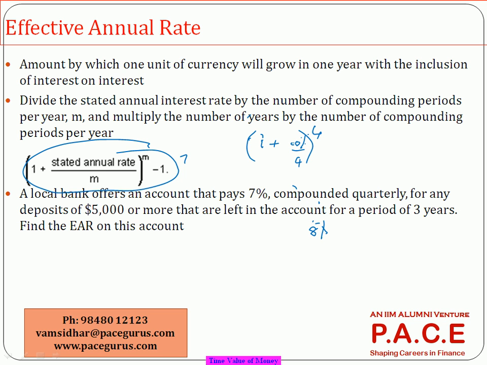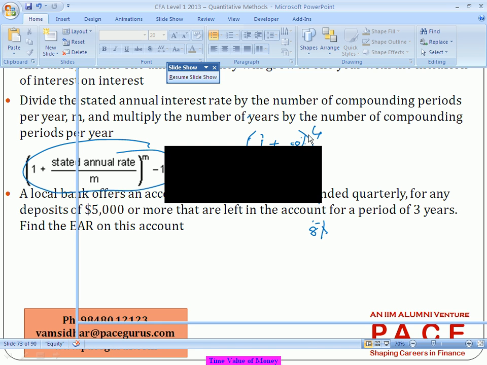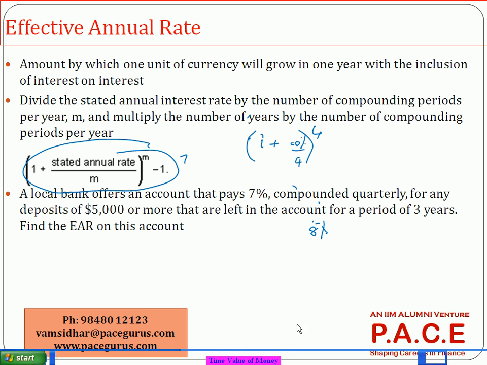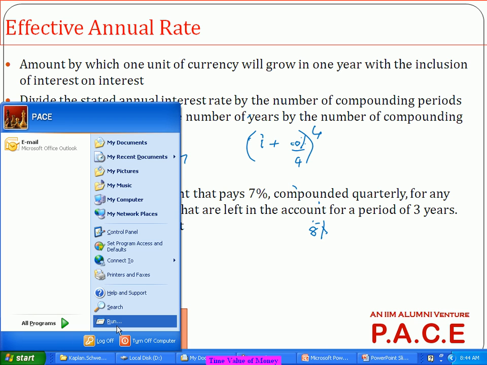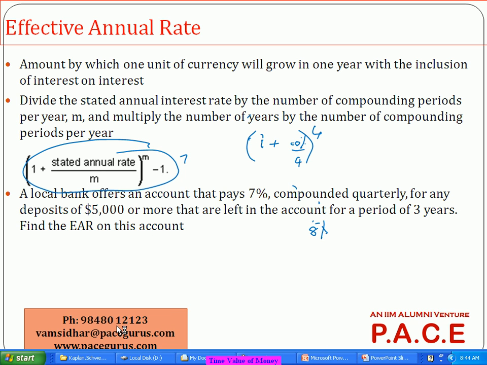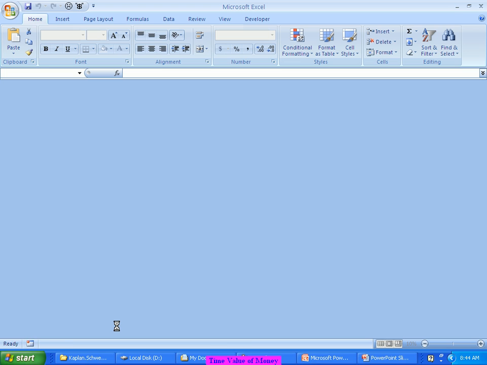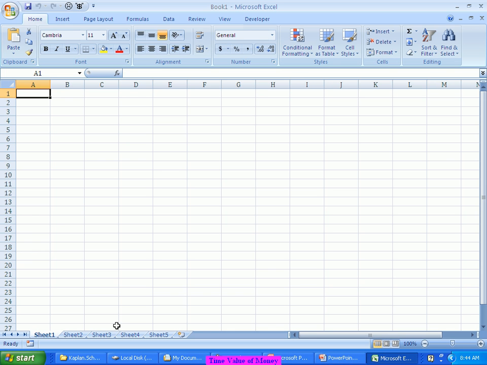So, what it typically becomes is something like this. If I look at it in the spreadsheet, this actually becomes 1 plus 10% by 4, to the power 4.